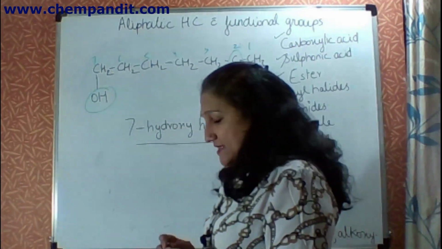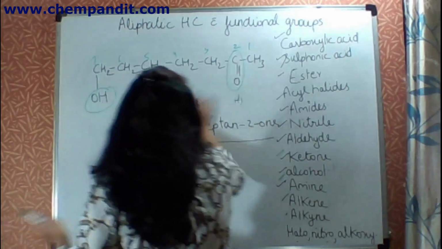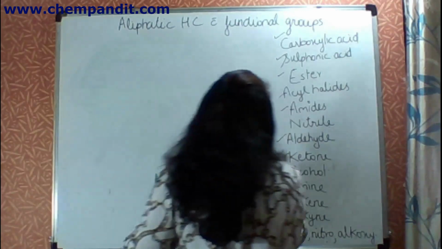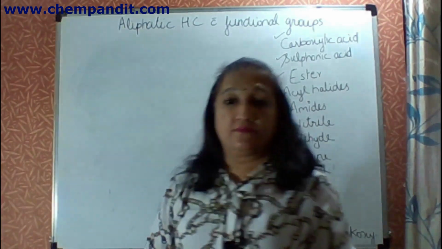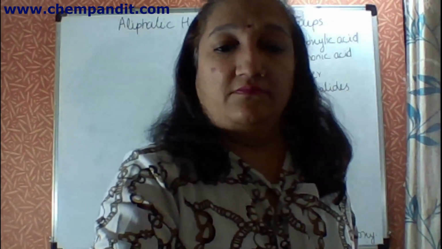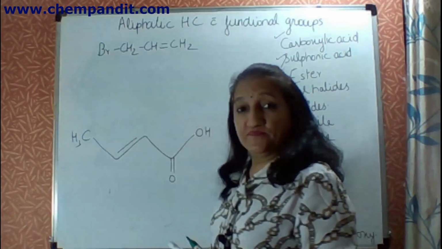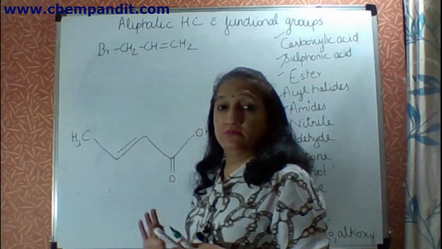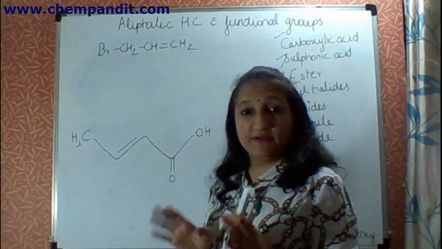Okay, so let's take some more examples. Now in this above example, we have a double bond and a bromo functional group, both in the same carbon chain.